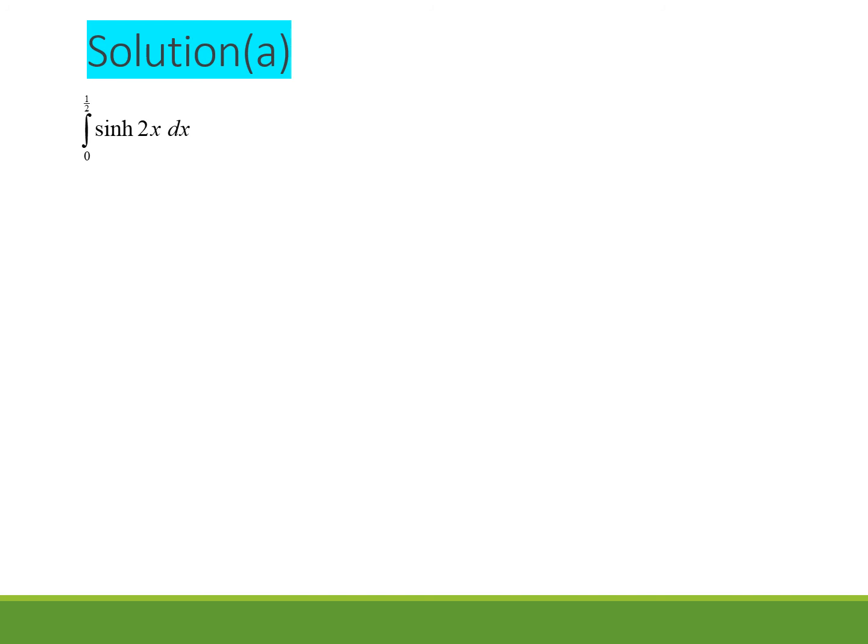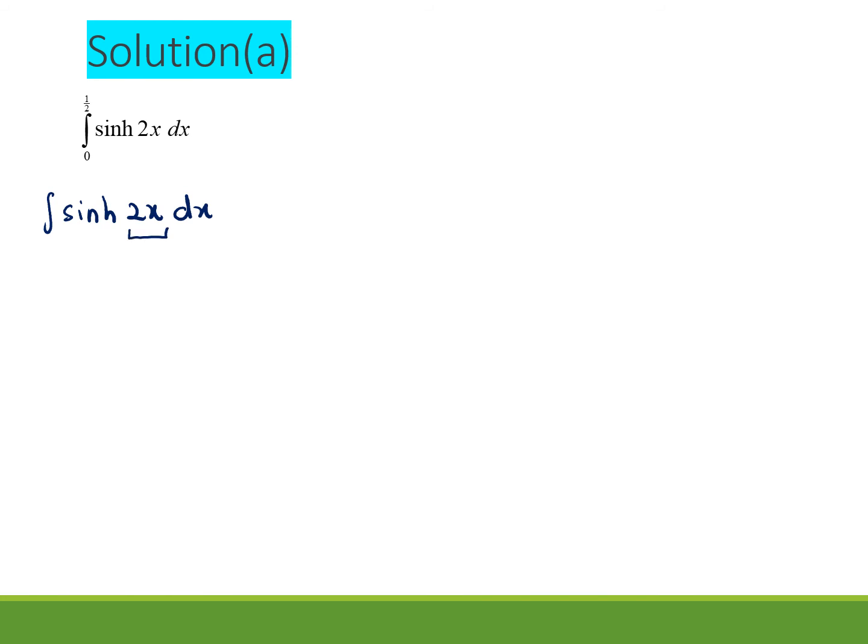For question A, this is the definite integral where the interval is between 0 up to 1/2. So first, we solve the integral of sinh of 2x dx using integration by substitution, where we substitute u with 2x.